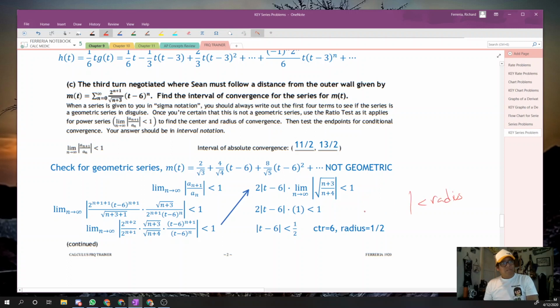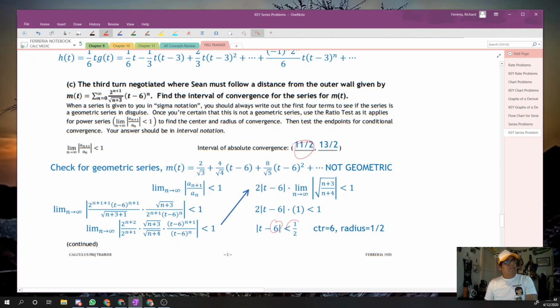Once you have variable minus the center is less than the radius, then you don't actually have to do a whole lot. You just need to do center minus the radius. 6 minus 1/2 is 12 over 2 minus 1/2, so 11 over 2.